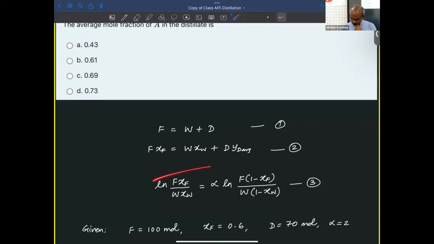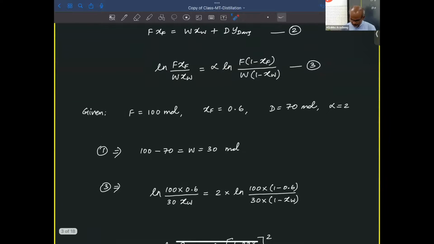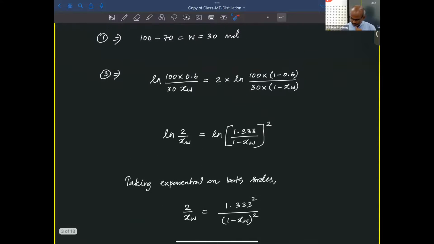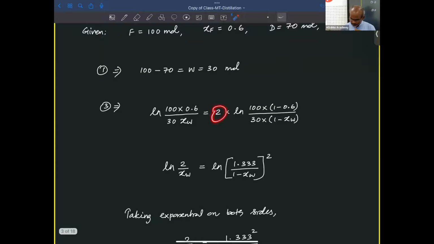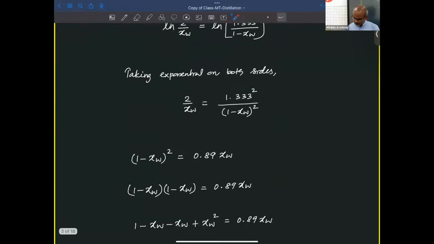So for that, of course, this Rayleigh equation, F x_F is known, W is known, x_W we can find upon substituting the entire content. Once x_W is available, it comes as a quadratic because x_W is there on both sides, and taking the square, we have a quadratic.